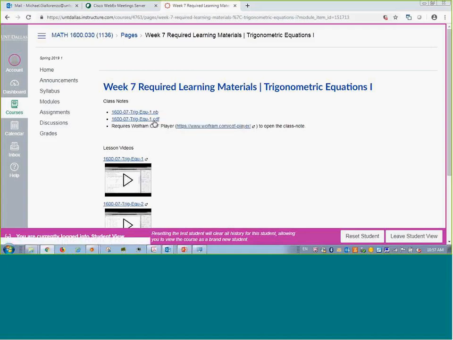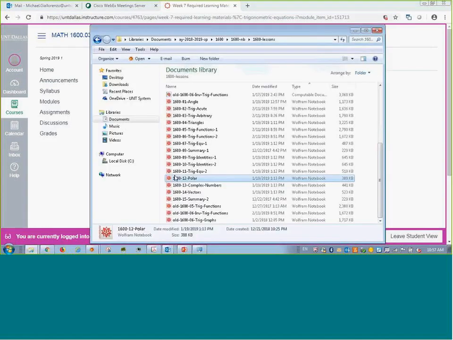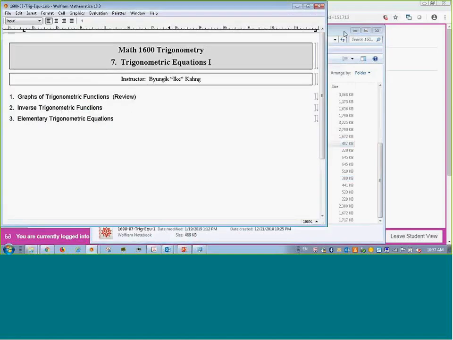Students will have to get the CDF file, which is kind of like Adobe PDF Reader. There's a CDF player, and that's free. And they cannot do any kind of editing, but they can read and do all those exercises anyway. I wanted to save some time, so let's just go ahead and open up the original file, kind of like this one.